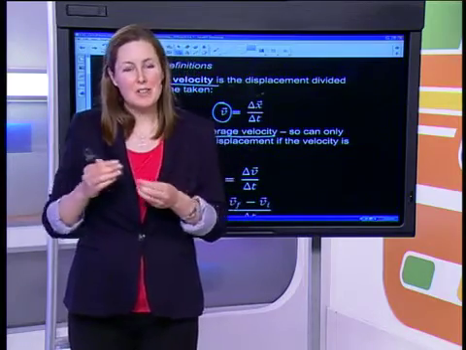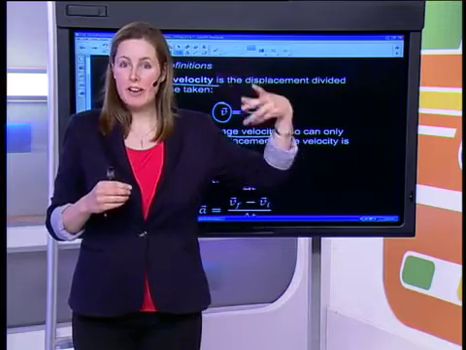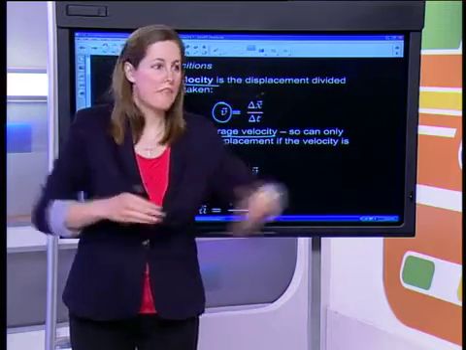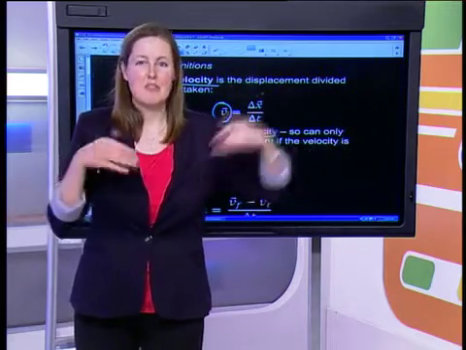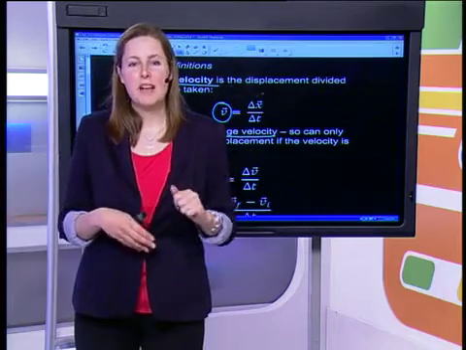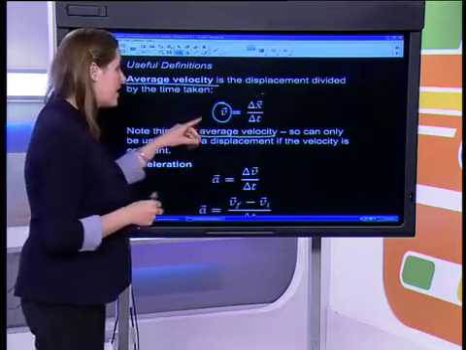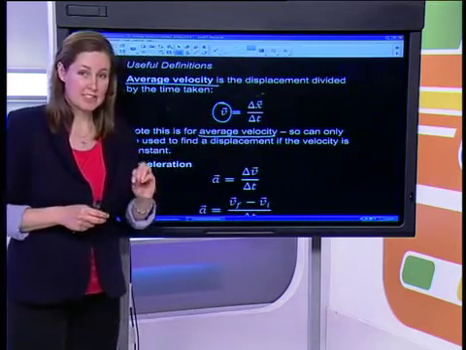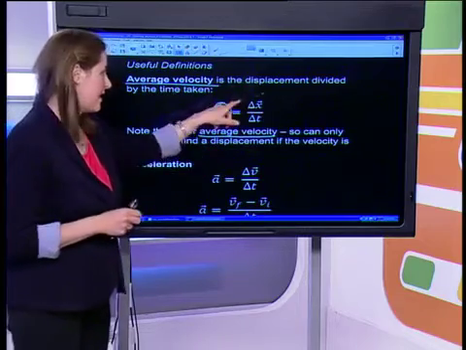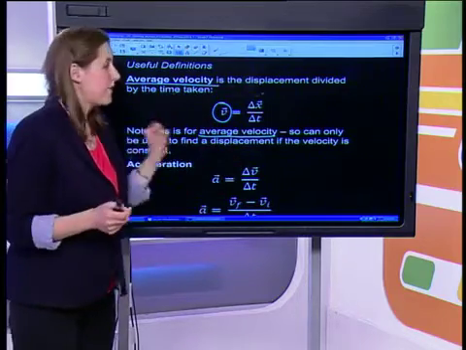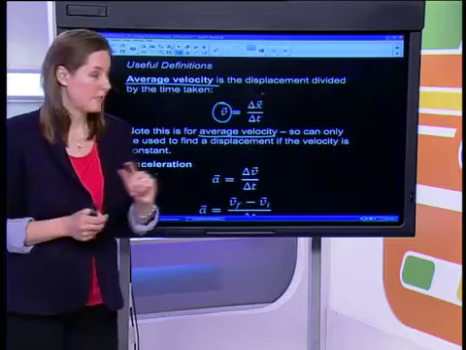And then if something is going faster, at the end it will be going at a higher speed, and so will be covering a greater distance per unit time. So do make sure that you are aware that v is average velocity, so it can only be used to define, say, the displacement if you've got a constant velocity.